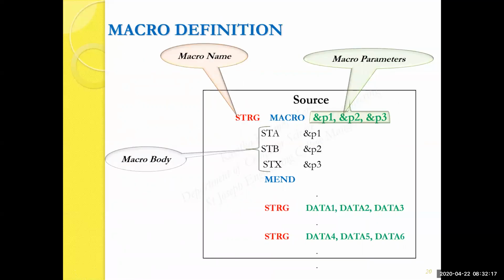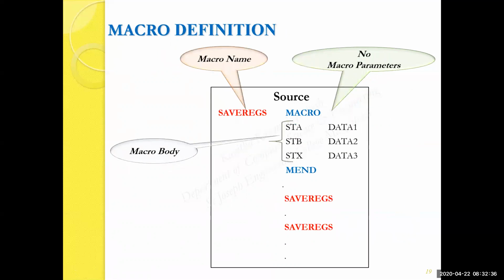So the statement that we have seen here, that is strg data1, data2, data3, likewise the statement strg data4, data5, data6, which makes a reference to a macro that is defined earlier, is called a macro call. In the earlier example, you may see that the macro is called by just using the name because the macro doesn't have any parameters.